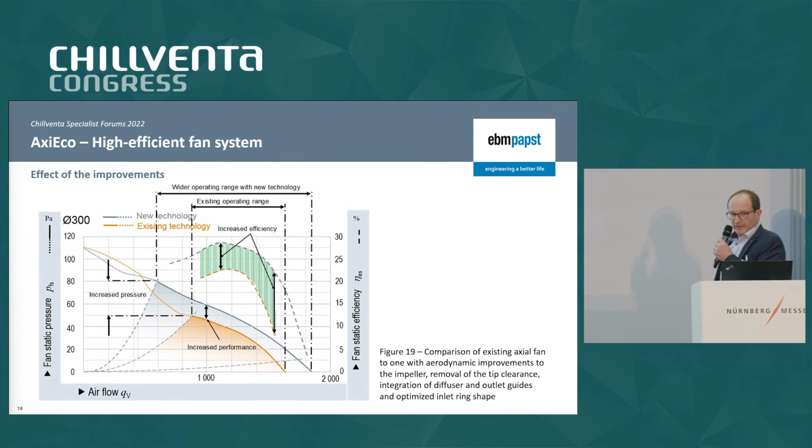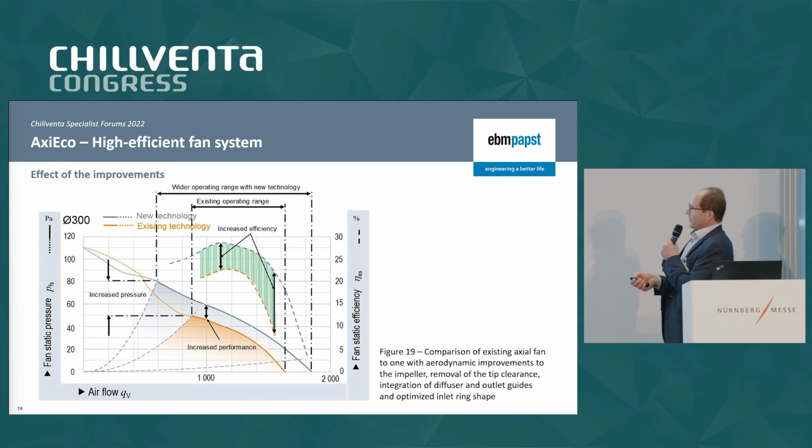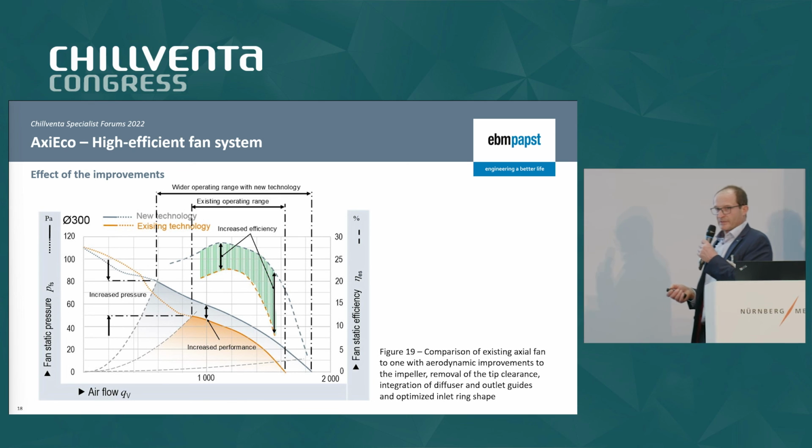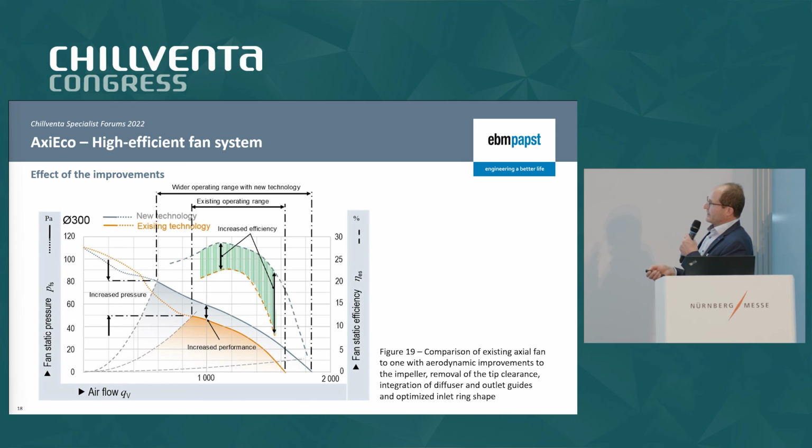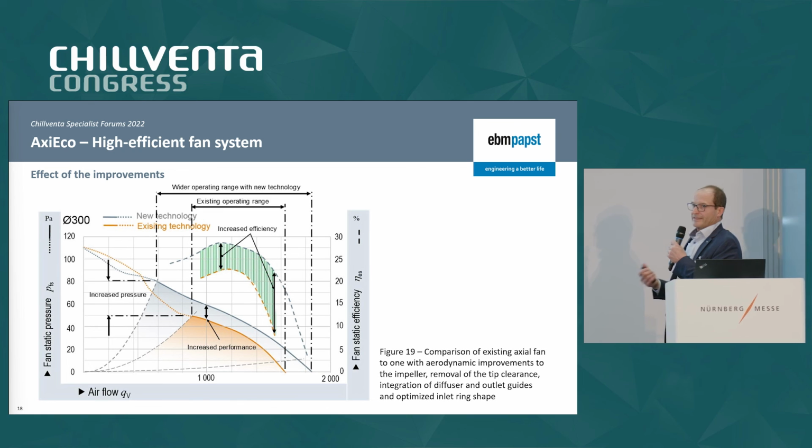If you compare directly the air performance curves of a standard axial fan, shown with this brown curve, and the air performance curve of the AxiEco, firstly, we have much higher air performance based on the same motor in both fans. In this example, we are looking at a fan with a diameter of 300 mm, based on an AC 4-pole motor.